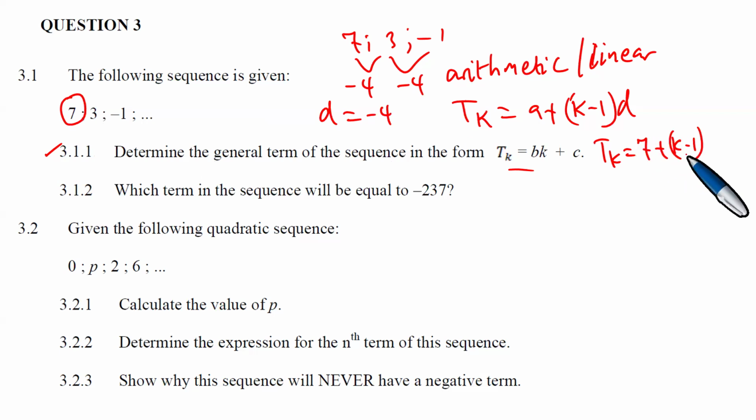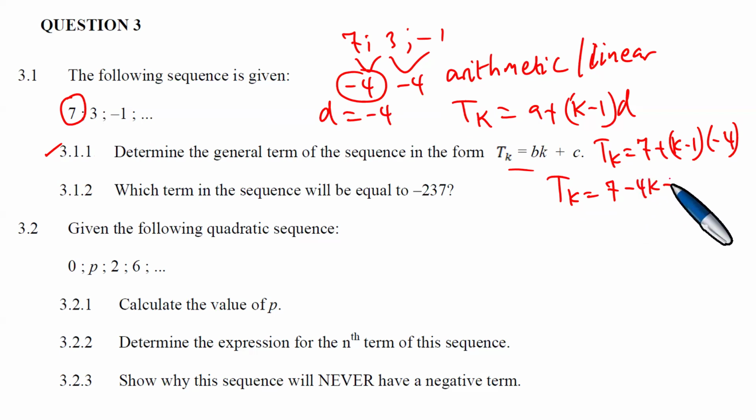Then you have k minus 1 times the common difference, which is minus 4. So you have 7 minus 4k plus 4, which means that Tk is minus 4k plus 11.